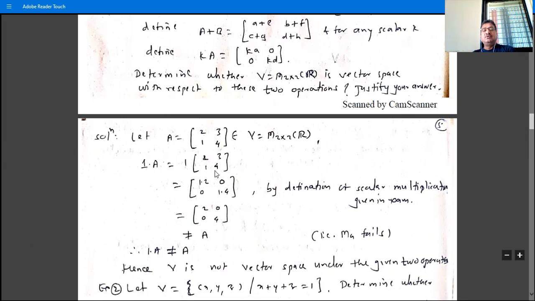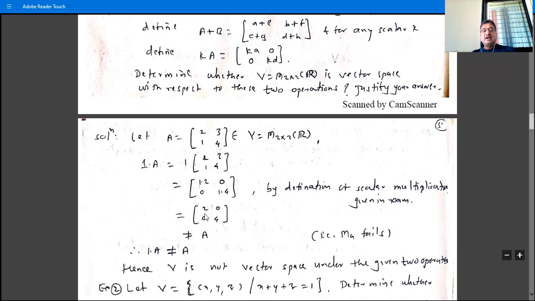We don't use the definition of usual scalar multiplication of matrices, because the multiplication here is not the usual one. We have to use the definition of scalar multiplication given in the example.